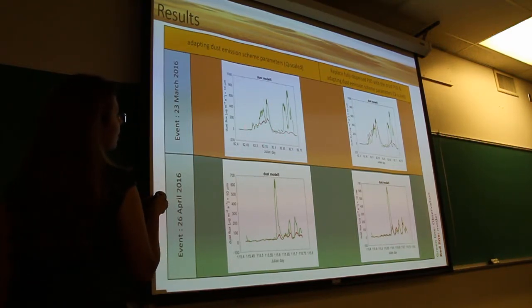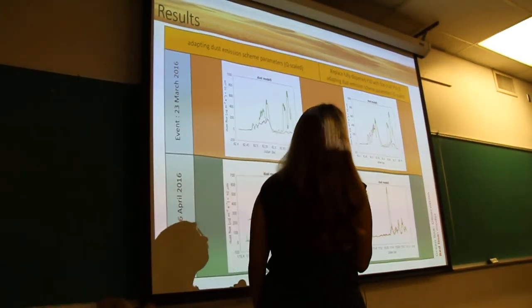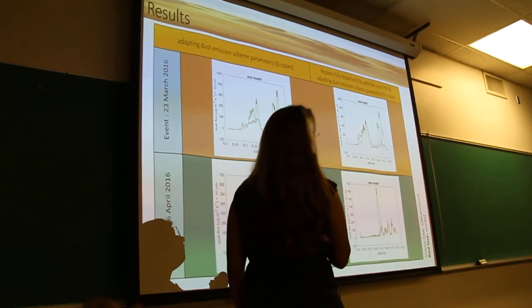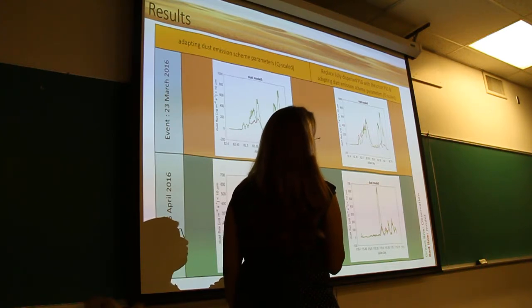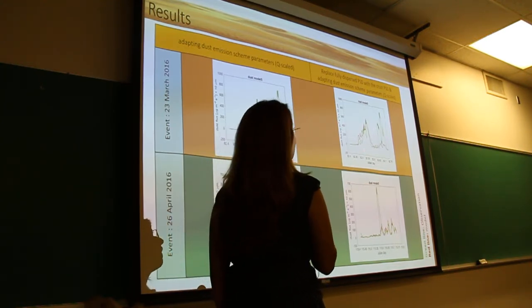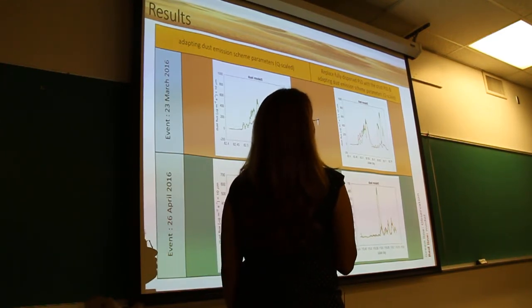underestimating the observational data. But here, for the same event, we tried to replace the fully dispersed particle size distribution with the crust particle size distribution, and then we worked on the parameters that I was talking about. And then you can see how well the model is predicting the observational data.